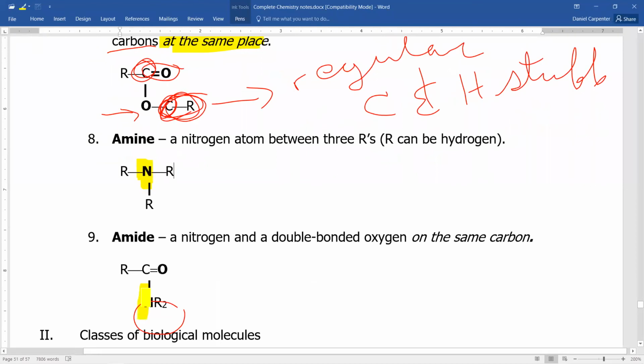What makes amine and amide different from the rest is that they have a nitrogen in them. I'm going to have to spend a little time on them, because sometimes R can be just hydrogen, and that confuses people.